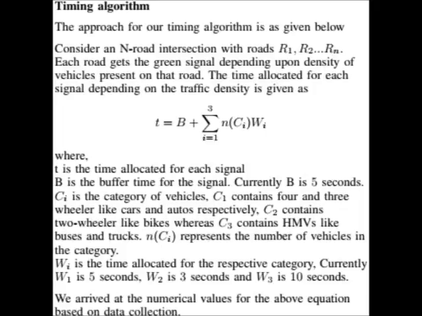In this case, for Category 1 we had allocated 5 seconds, Category 2 3 seconds, and Category 3 10 seconds. We arrived at those numerical values of weights based on the amount of time, on average, the particular category of vehicle was taking to cross the junction.